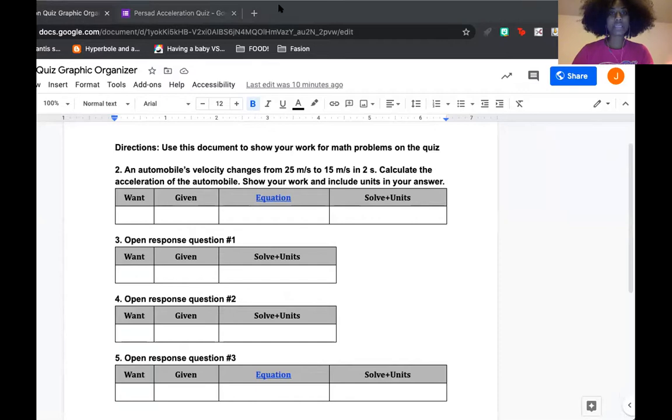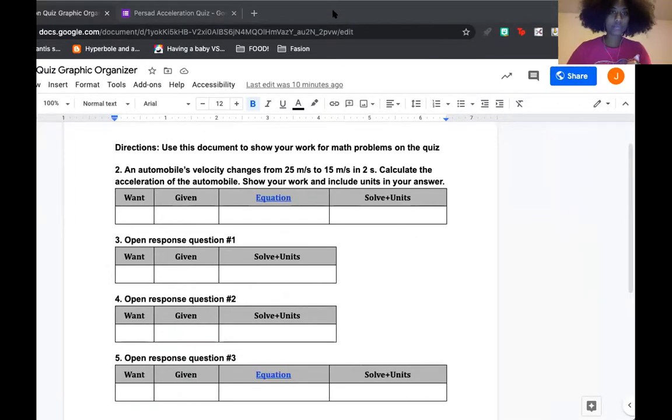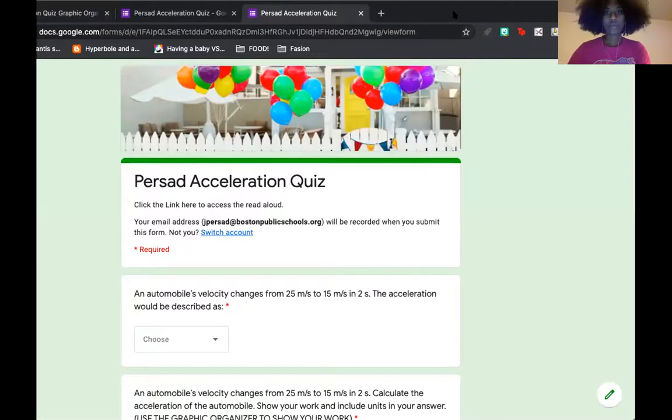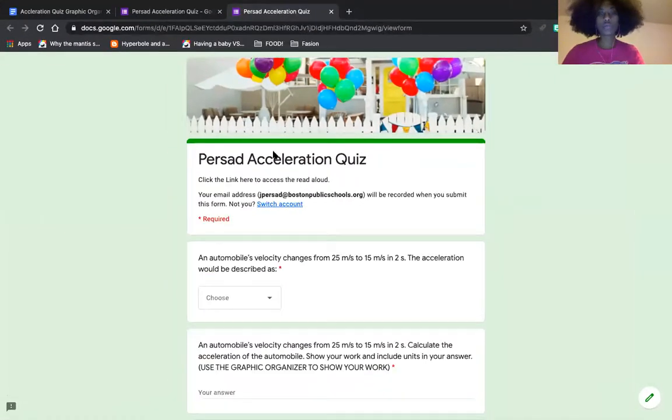I'm just going to make this the main one because that is the one I'm going to be looking at. Okay. It says my screen sharing is paused. That's because I need to put this back in this. All right. So here we go. You will also see this link in Google Classroom, but it will also be linked here in your quiz. Obviously, it's not there yet because I'm currently recording it.